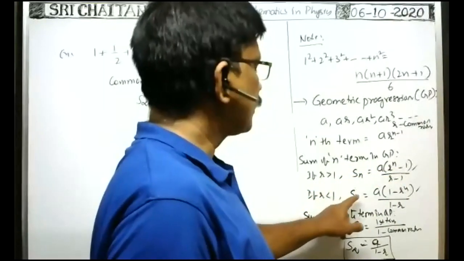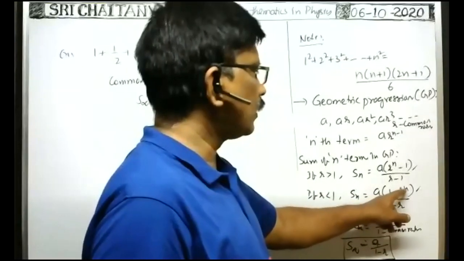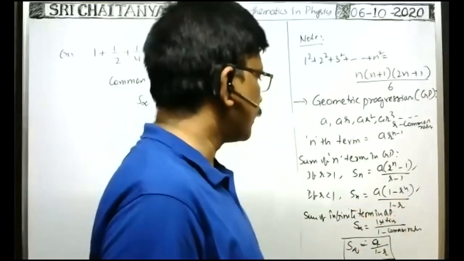When r is less than 1, sum of n terms is equal to a into 1 minus r to the power of n, whole by 1 minus r.